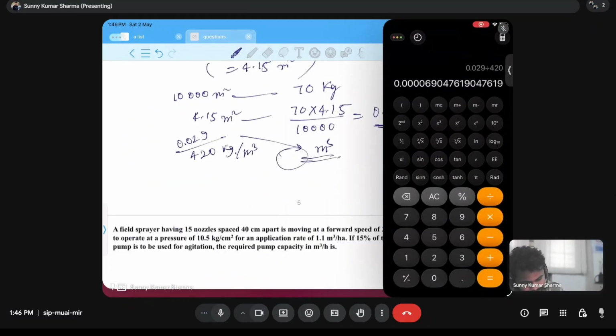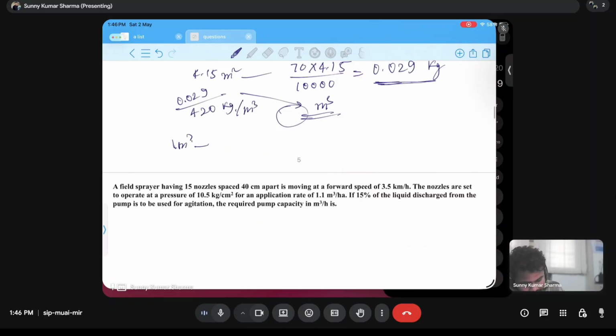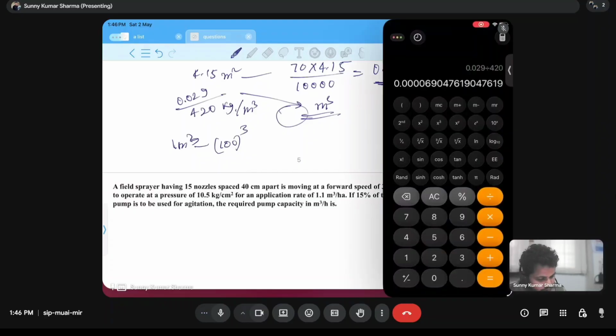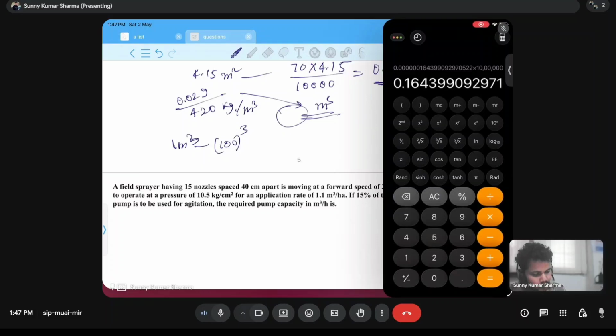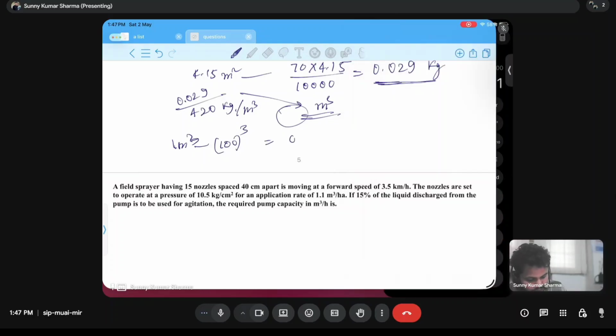In 1 meter cube, how much centimeter cube will be there? 100 to the power 3, that is 10 to the power 6. So this becomes 0.164 centimeter cube, and this is the calculation with respect to one revolution of ground wheel.